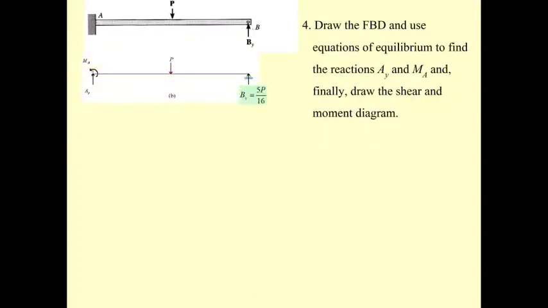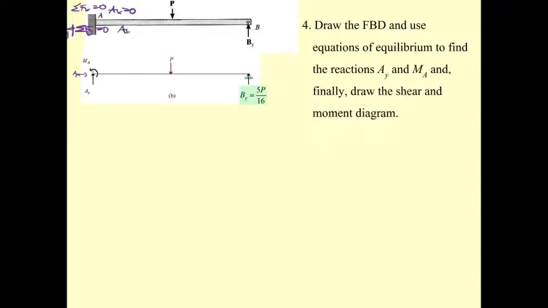Okay, now you get this, and actually you may have the A_x. Okay, summation of F_x equal to 0, A_x equal to 0. By doing this, summation of F_y equal to 0, so upward is positive. So this one is upward, right?